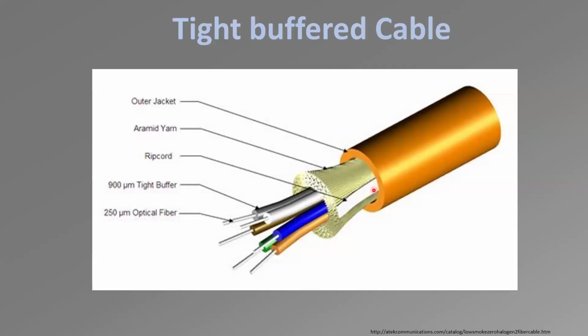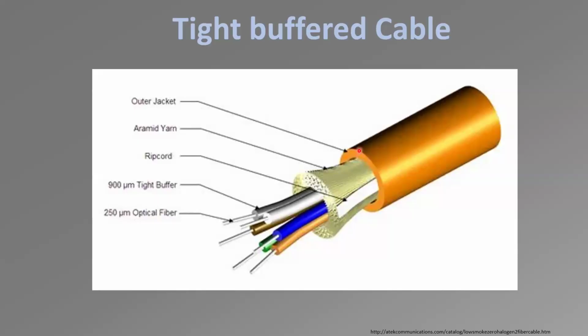Because it's easy to create a microbend with fiber optics, and microbend means a signal is going to escape the fiber. So what do we have here from the outside? We have the outer jacket, and usually those are going to be either yellow, orange, or aqua colors. Depending on the jacket, there will be a different kind of cable.